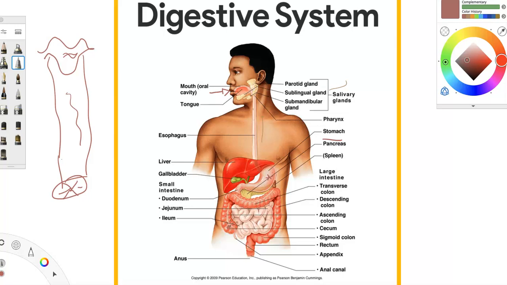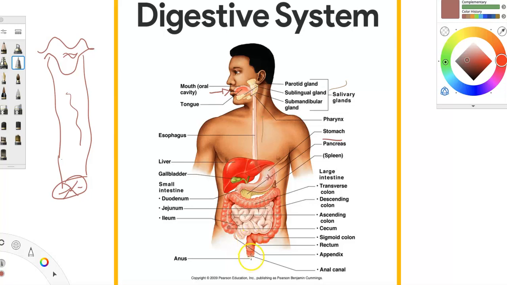And the large intestine sort of wraps around. You've got the ascending part of the colon, the transverse part of the colon, and then the descending and the sigmoid part of the colon, and then down into the rectum.